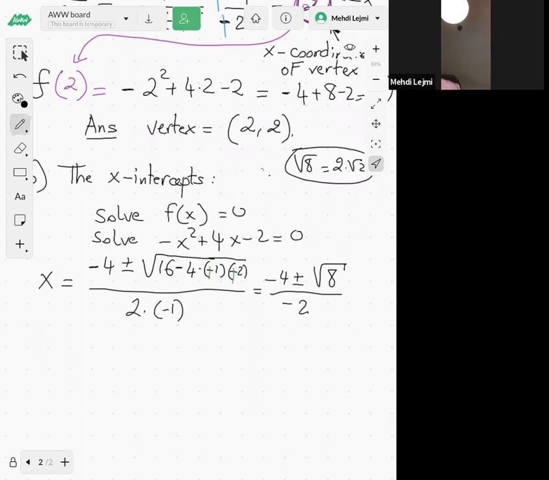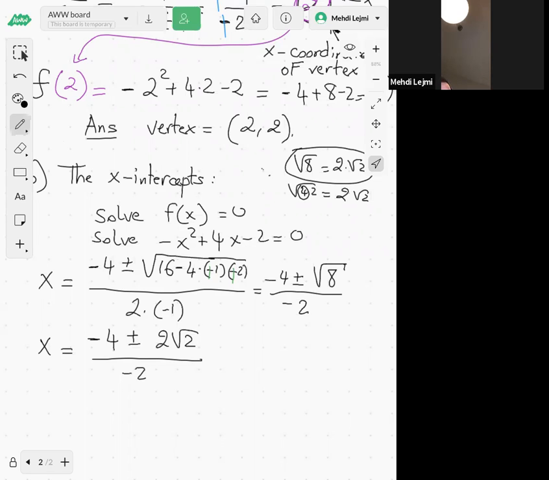But you can also simplify the answer. The square root of 8 is 2 times the square root of 2, because 8 is 4 times 2, and the square root of 4 is 2. So that's why I have 2 square root of 2 over negative 2.